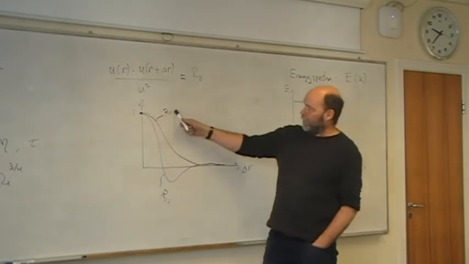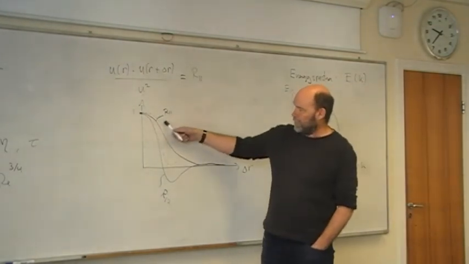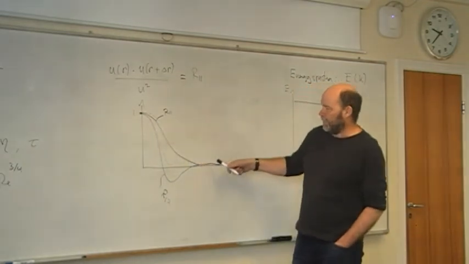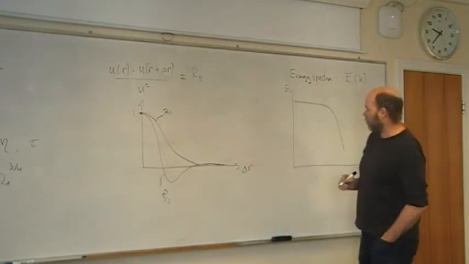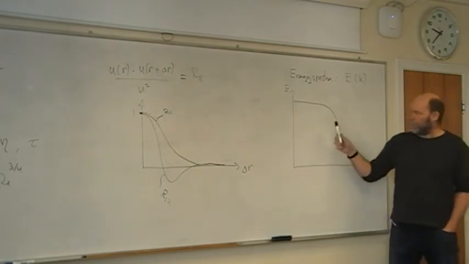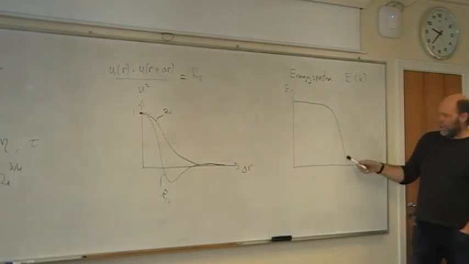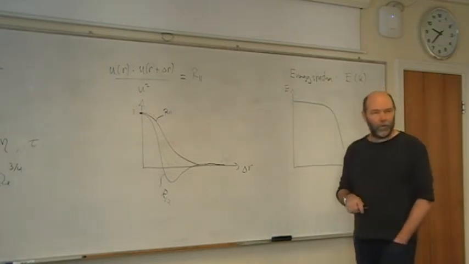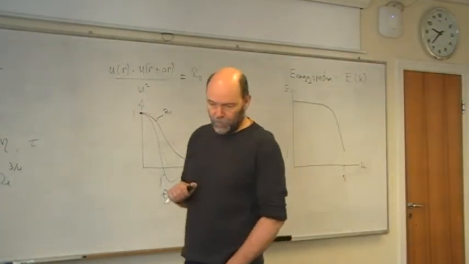So for this correlation here, they will have a lot of energy at a very low wave number. And then the higher the wave number, the smaller the energy. And here they will just stop at Kolmogorov. Then you don't have any more turbulent energy at all.